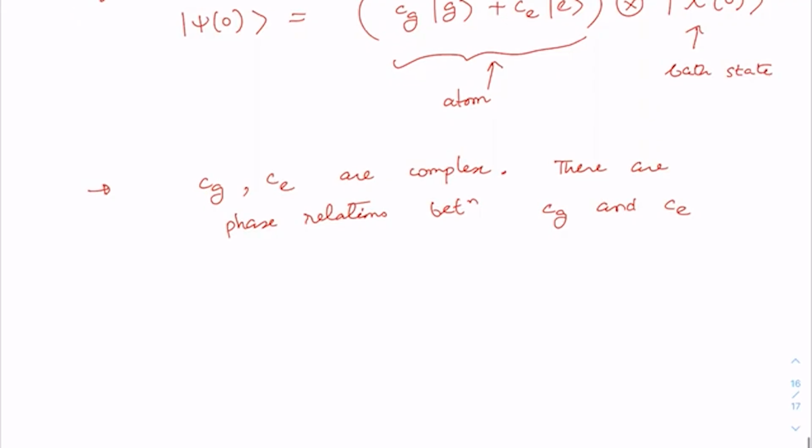On the other hand, in the model that we just discussed, the probability of getting the atom in the excited state is Ce mod square, and the probability of getting the atom in the ground state is given by Cg mod square. So these quantities Pe and Pg don't take phase relations into account.